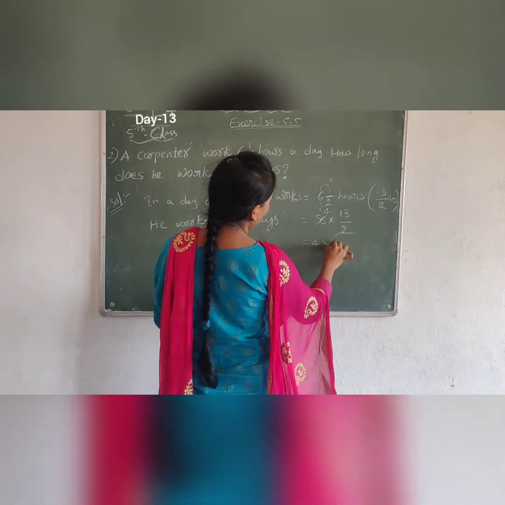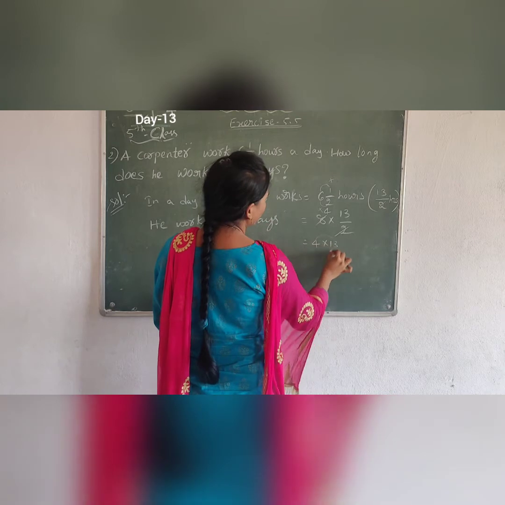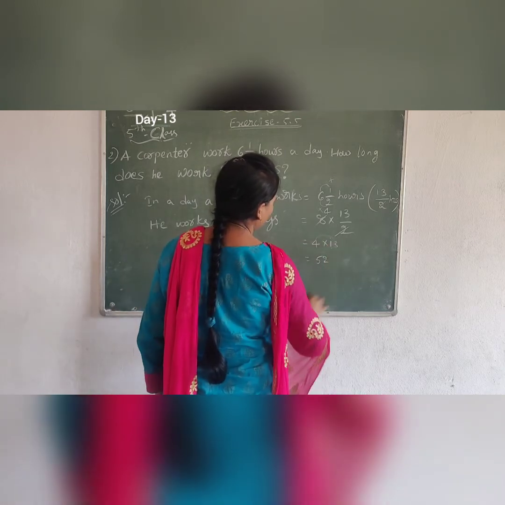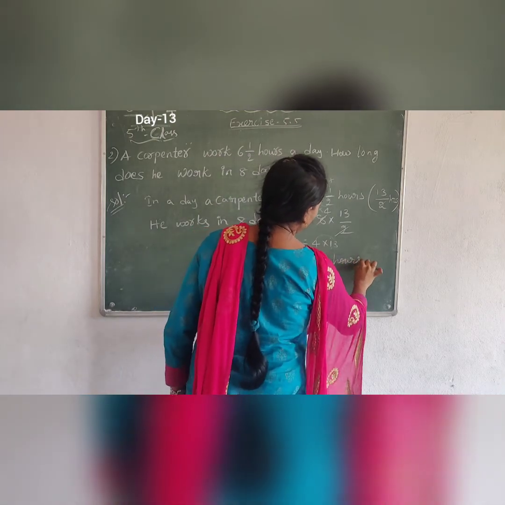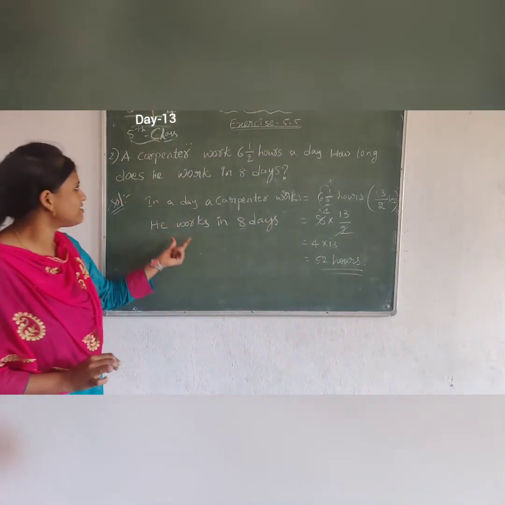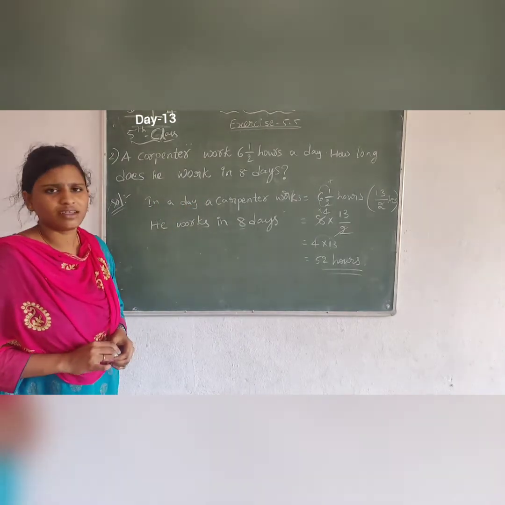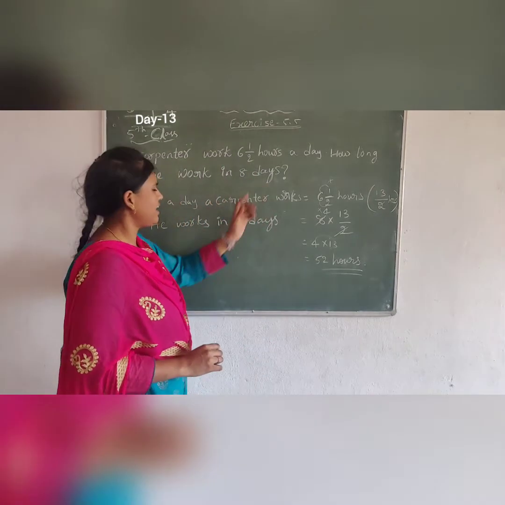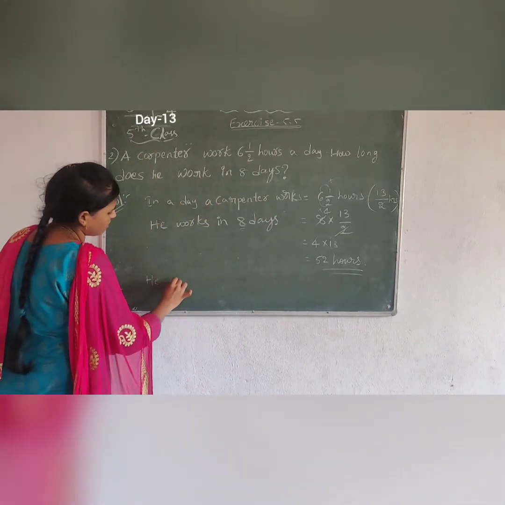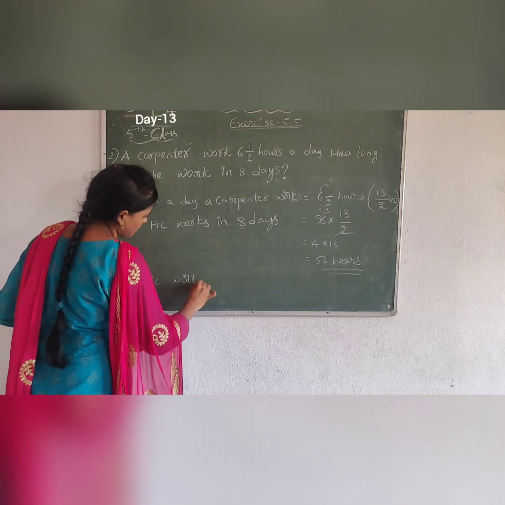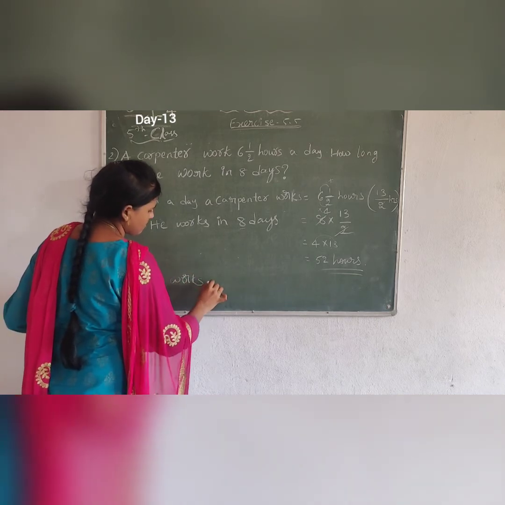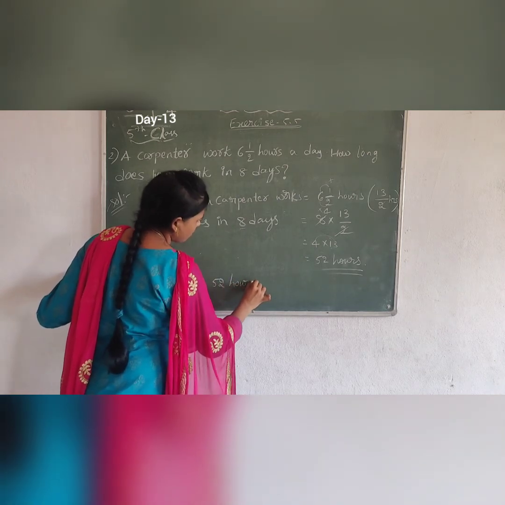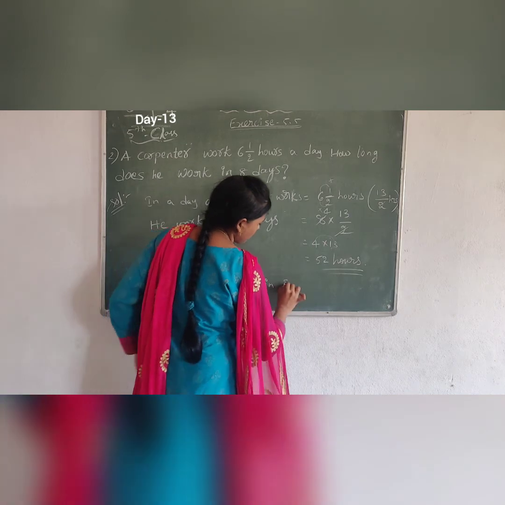Let's take this 4 into 13. 4 threes are 12, 4 ones are 4 plus 1 is 52 hours. He works 52 hours in 8 days.